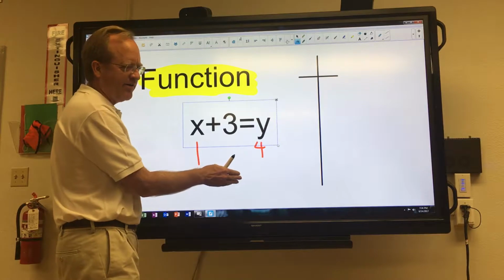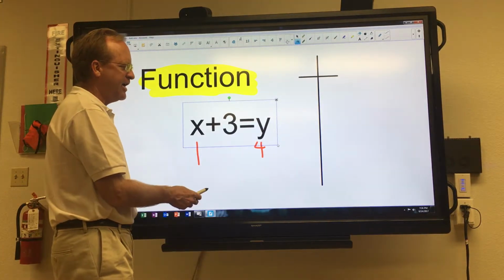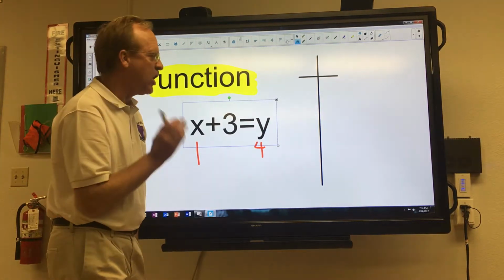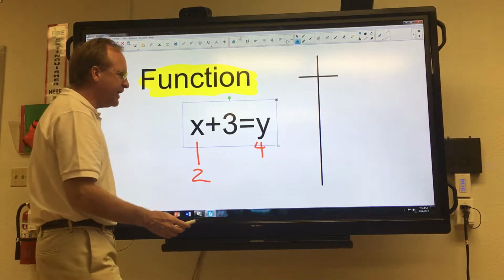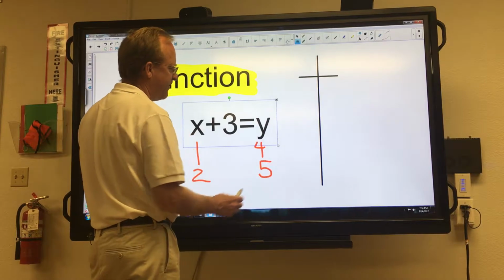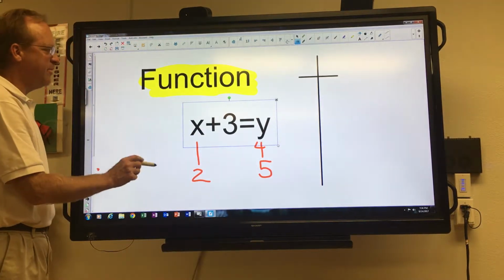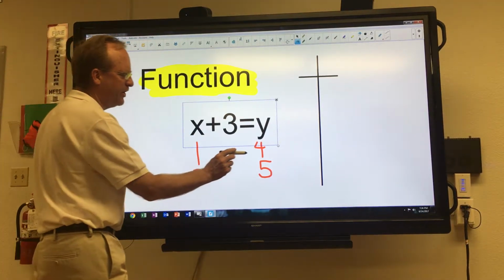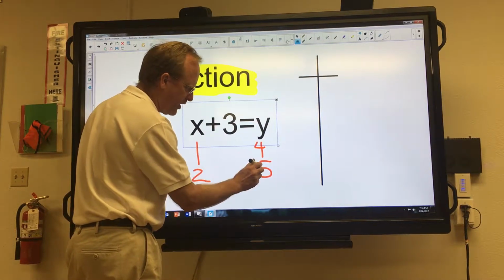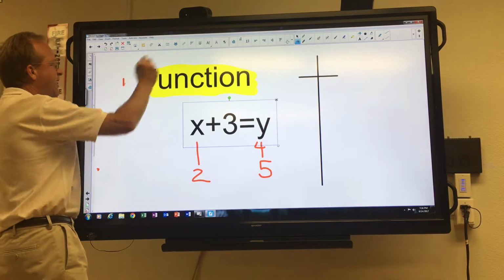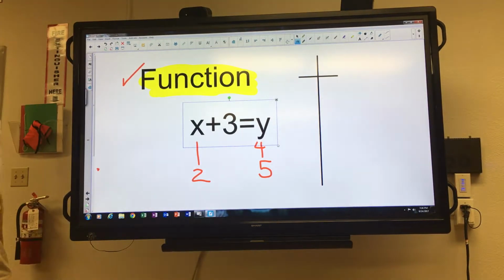You can't have a 5 come out. No, the answer is 4. If you put in a 2, the only answer that will come out is 5. Because if you put in one domain, you only get one range, one number coming out, this is a function, okay?